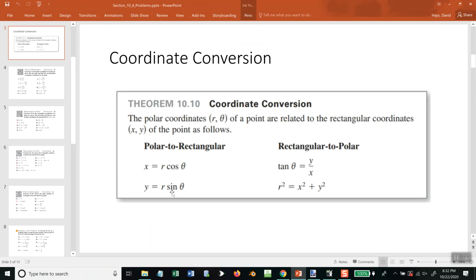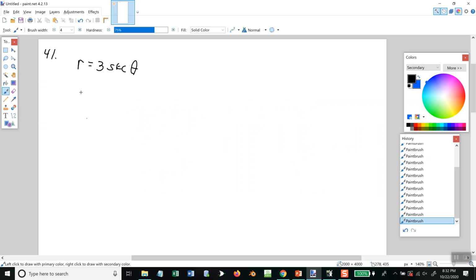I got cosine and sine, tangent of course, but secant is 1 over cosine. Now, if I multiply both sides by cosine theta, I'm going to get r cosine theta is equal to 3.